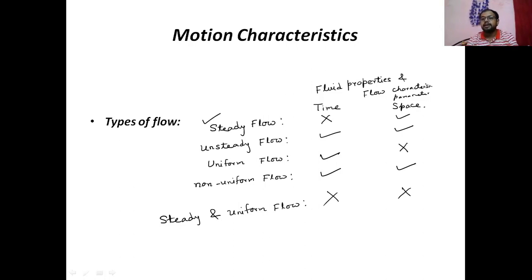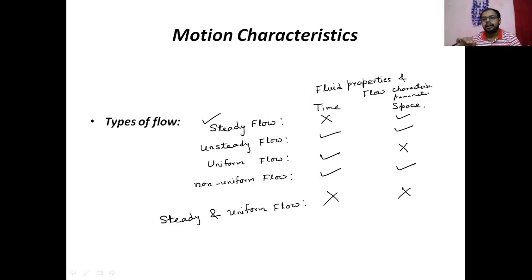But if it is a steady and uniform flow, the velocity is constant at every point in the flow field. You have heard about the flow field, a field definition. Each and every point you can get the velocity, and then you get the field of it.